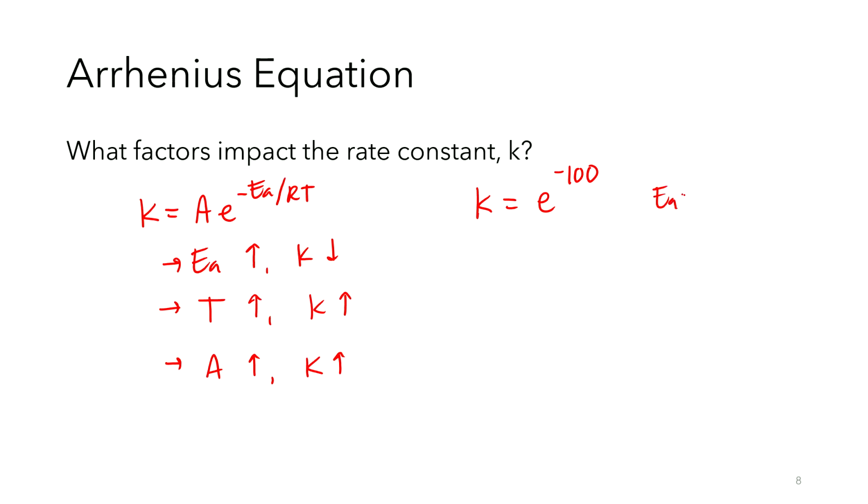I'm doing subpar math right now, but I'm just trying to prove the point that if I had lowered it, E to the negative 50 is a larger decimal than E to the negative 100, because it's a negative exponent. Why is that true? Like physically?